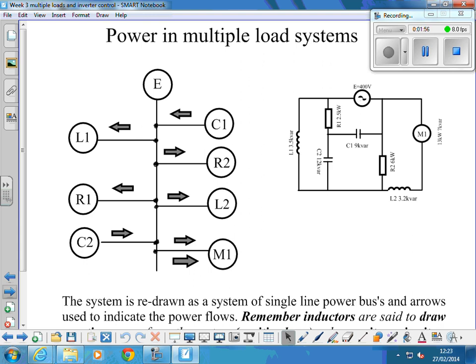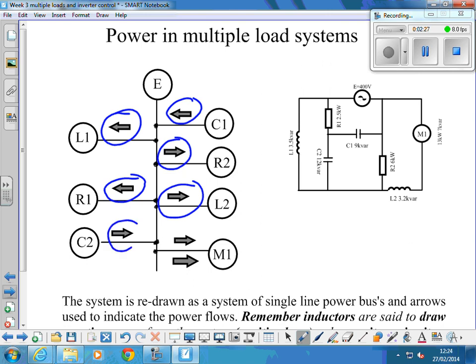And then we draw the loads with arrows pointing as either taking reactive power from the system, or giving reactive power back in terms of the capacitor, taking it in terms of the inductor. Resistive loads will be a use of that real power. One there and one there. This is another inductor, L2, taking reactive power. Here's a capacitor giving some back. And then there's a motor that's going to take both real power and reactive power from that source.